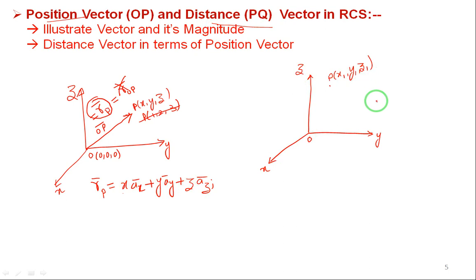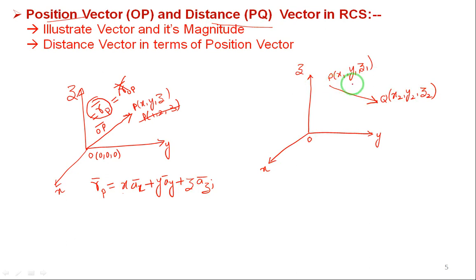I will take one more point Q. The coordinates are x2, y2 and z2. Yes, I will join point P to Q. So this is the distance vector from P to Q, because for a distance vector both the points are in space, not at the origin. But for a position vector, one of the points is at the origin. For a distance vector, both the points are in free space, right?